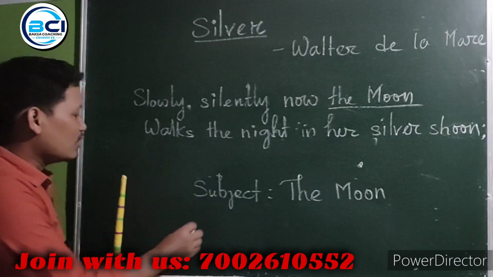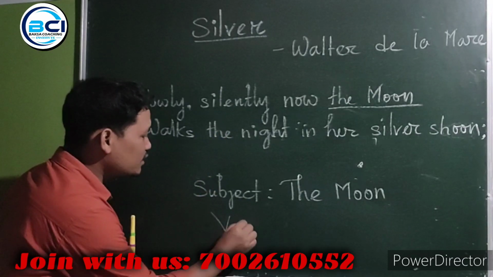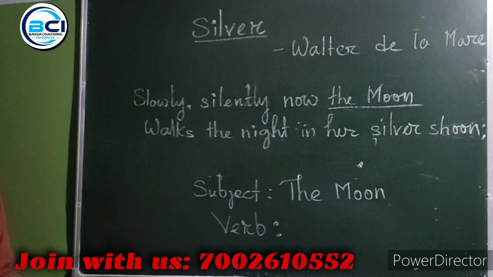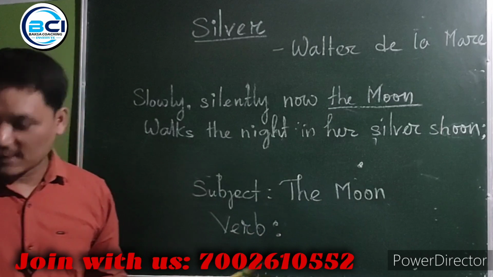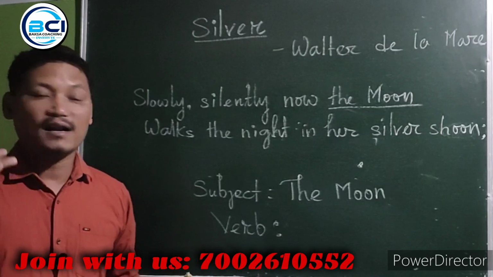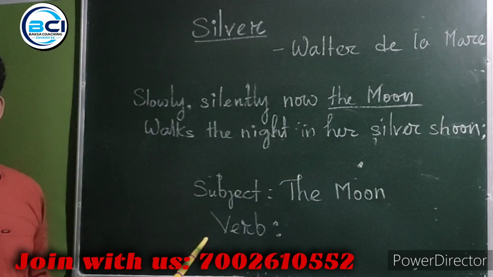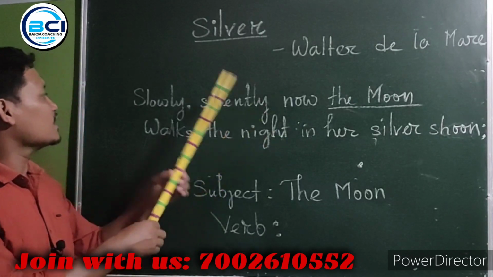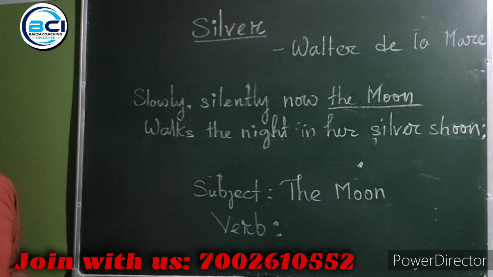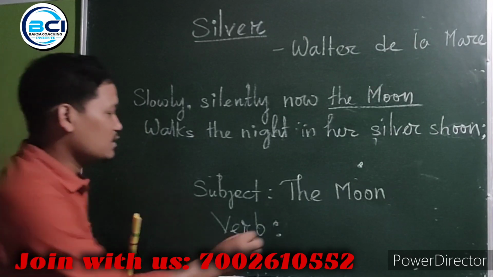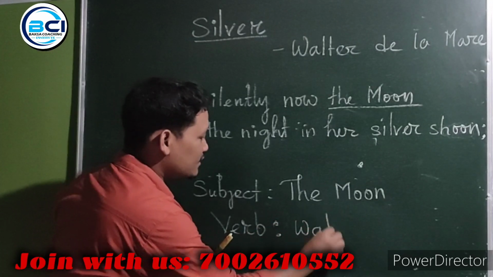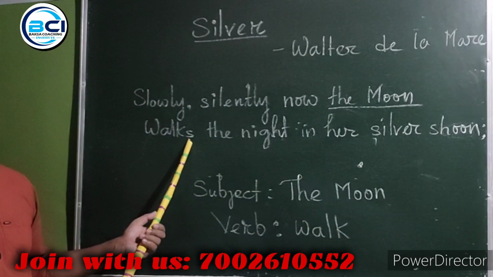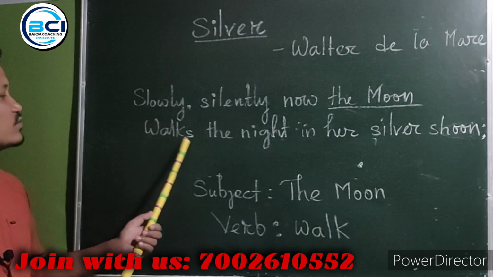So walks. Now you tell me, which word is the verb here? This is the subject. We know in a sentence there is a subject and there is also a verb. Now can you identify the verb in this sentence? Walks. Yes, this word is the verb here. And there is a small s added to the end of this word, right?